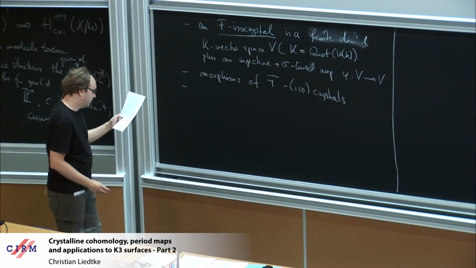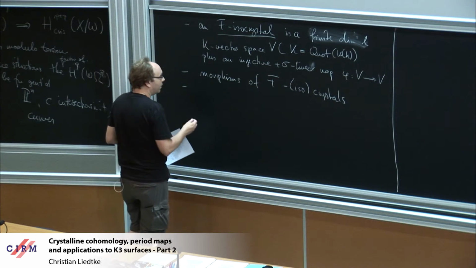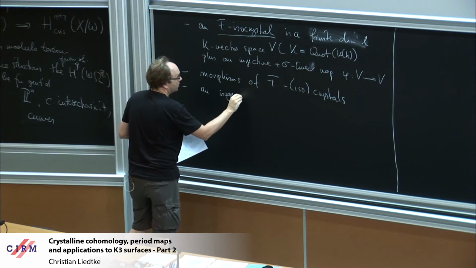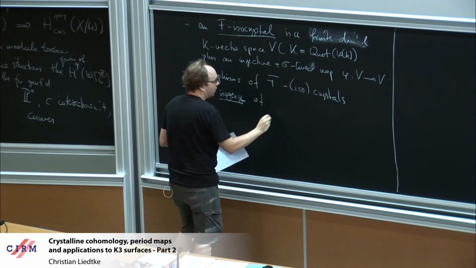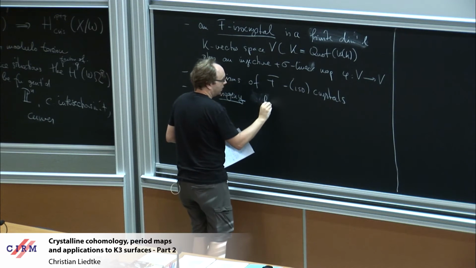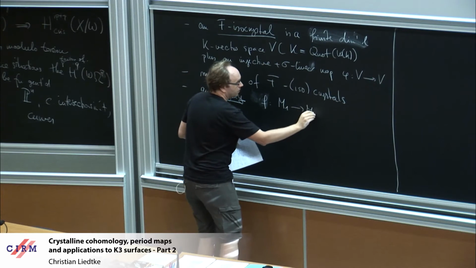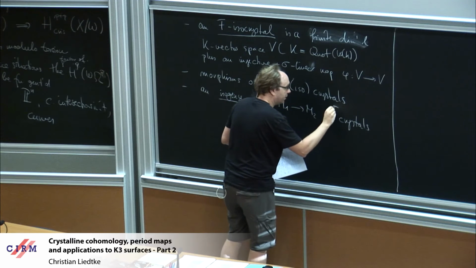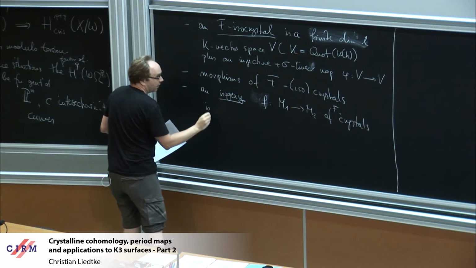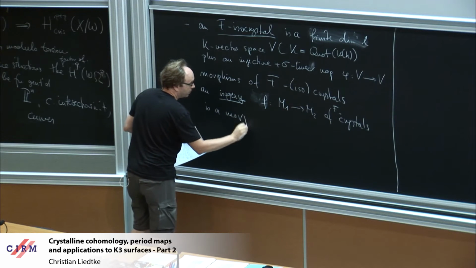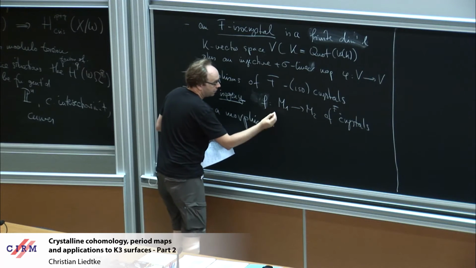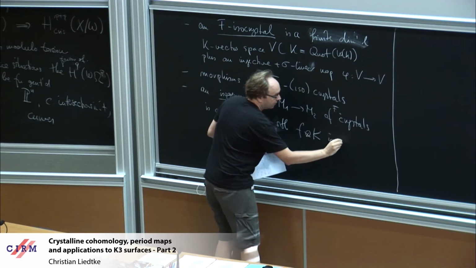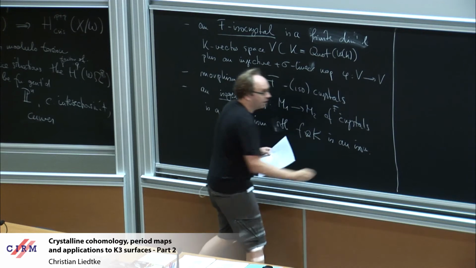And then there is another interesting notion, an isogeny of F-crystals, which is a morphism of F-crystals such that if you tensor with K, this is an isomorphism.